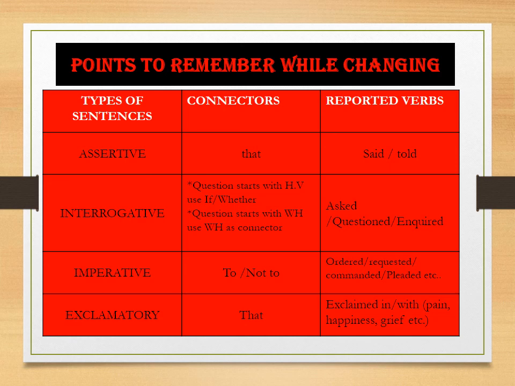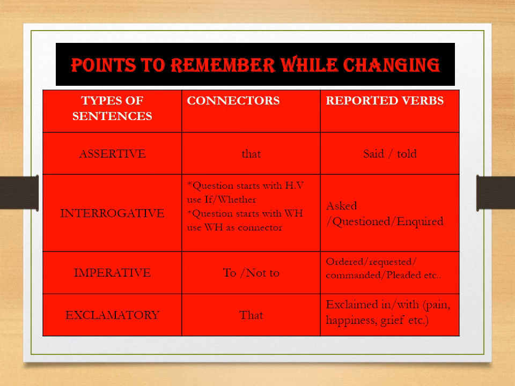Finally, we come to the exclamatory sentence. Of course, here we use the connector that, and we can also use the reported verb exclaimed in or exclaimed with: exclaimed in pain, exclaimed with happiness, or exclaimed in grief. So you have to remember the two prepositions, which is very important, in and with. I hope you have understood this table, children.